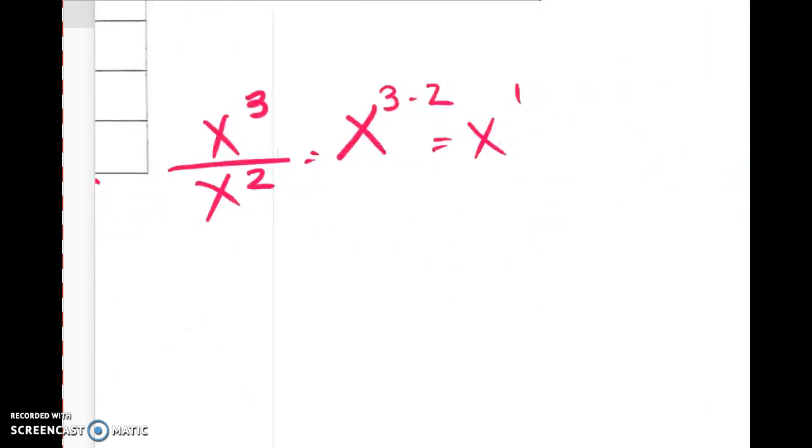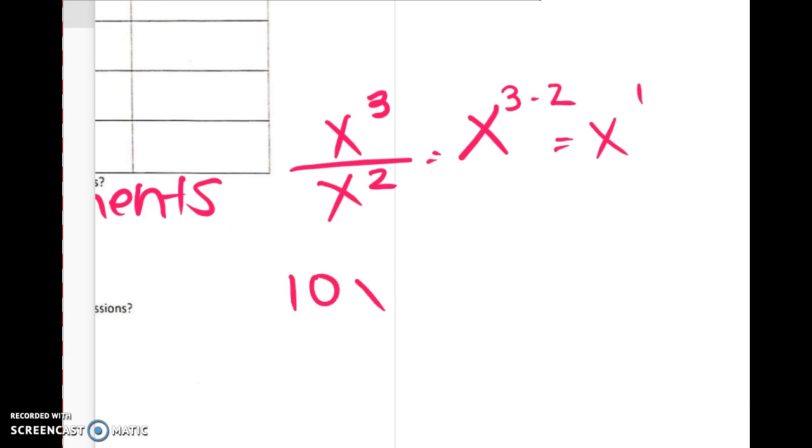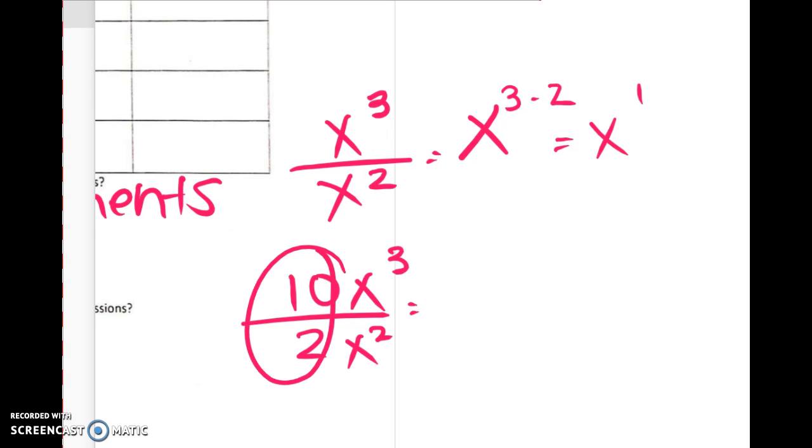So if I had a problem 10x to the 3rd over 2x to the 2nd, you would not subtract 10 and 2. You wouldn't say that it's 8. You're going to use these just like you normally would and simplify like normal. So 10 divided by 2 is 5, or you could simplify 5 over 1. It only works for the exponents. Then I'd have x to the 1st.